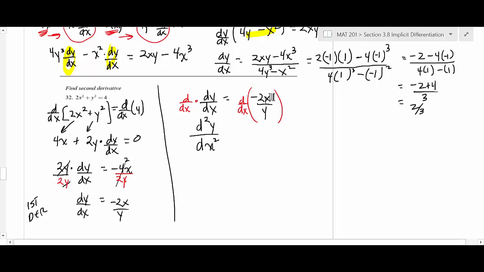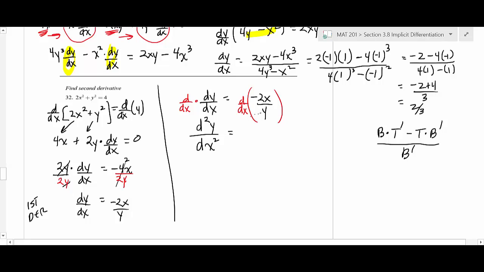What do you think? Quotient rule. Good, right? That's a quotient. X and y are two different variables, so that's the one where we go bottom times derivative of top minus top times derivative of bottom over bottom squared. That's what we have to apply, the quotient rule.